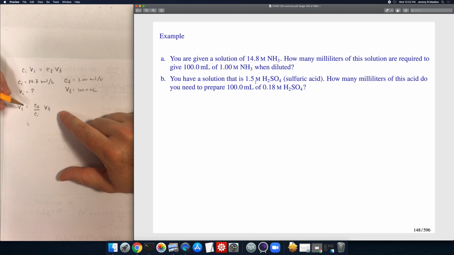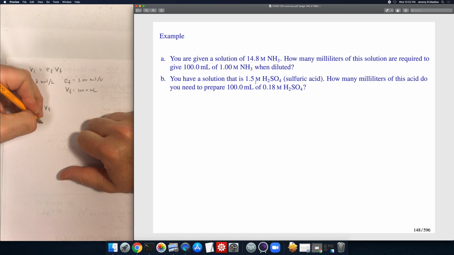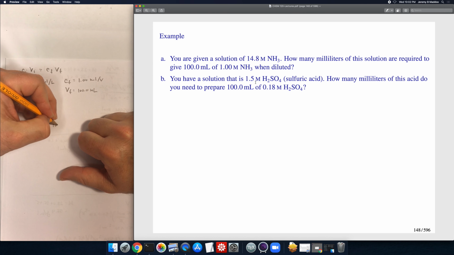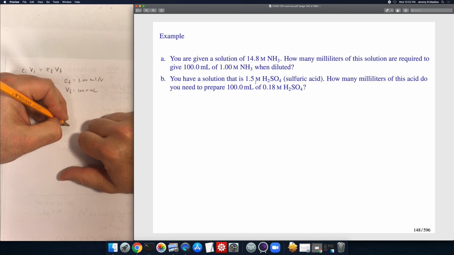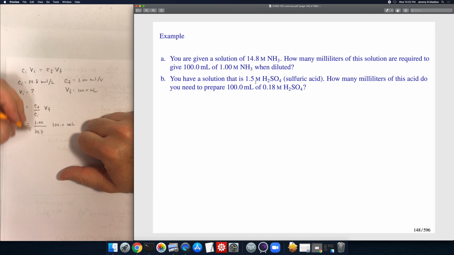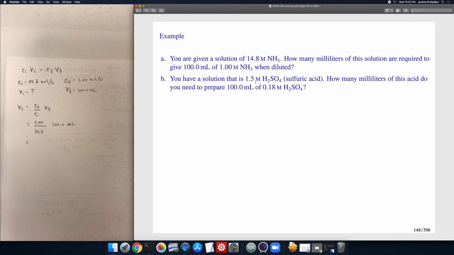And so we'll just plug in the numbers that we have. So we have 1.00 divided by the initial concentration of 14.8, and we're going to multiply that by 100 milliliters. And this is going to give us our answer in milliliters.